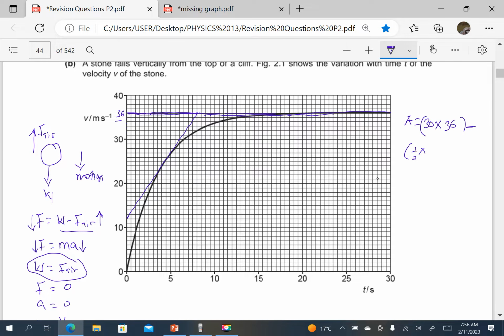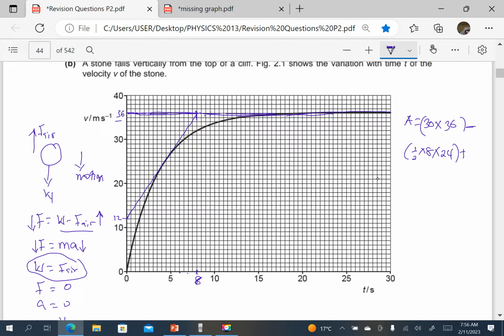Okay, so that is my triangle. So that is 8. Then this one is 12. So the triangle is going to be a half times the base, which is 8, times the height, which is 36 minus 12, that is 24.